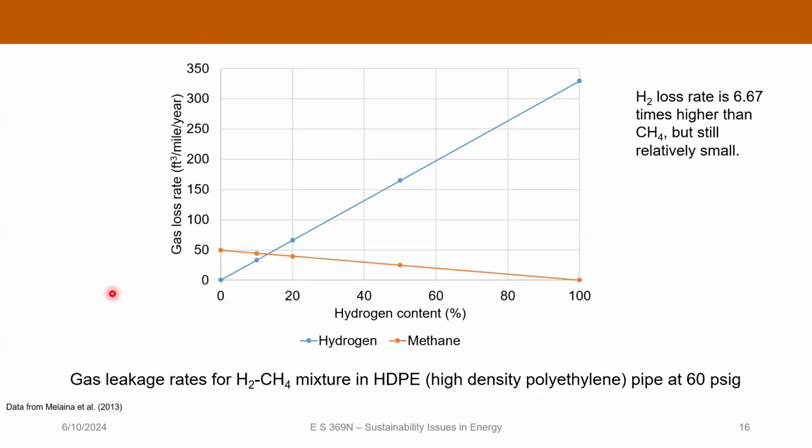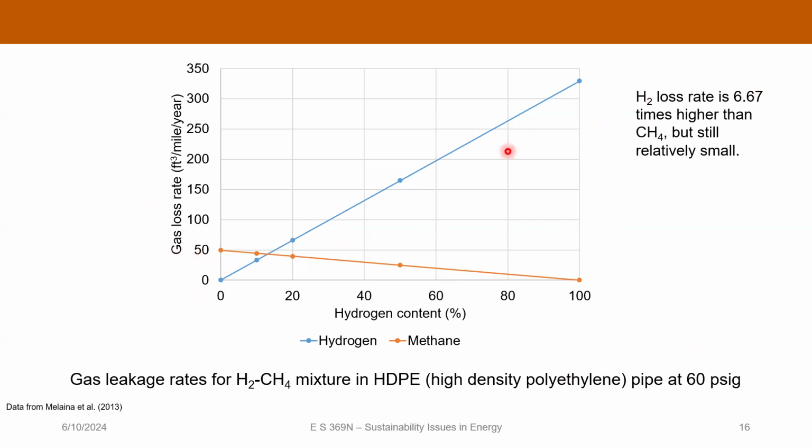So you'll end up losing some of your hydrogen over the course of the transport, even if you're using plastic pipe. Here's a plot of leak rates for a mixture of hydrogen and methane in HDPE pipe at 60 psi. In general, the hydrogen loss rate is about 6.7 times higher than the loss rate of methane, but it's still relatively small.